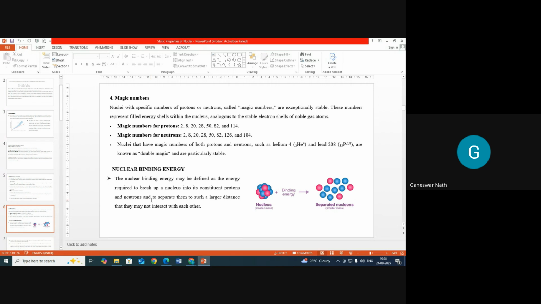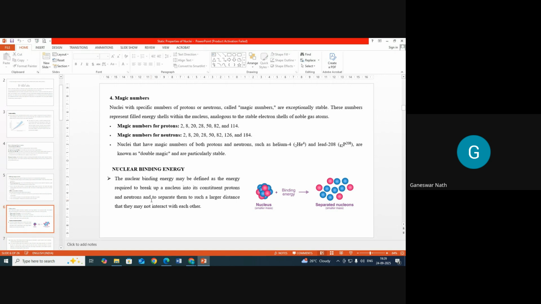The amount of energy required to bind the nucleons, or the amount of energy released during the breaking of the nucleus, we call the nuclear binding energy.